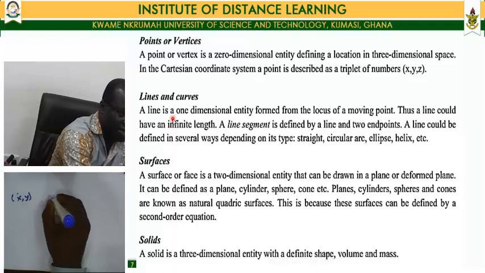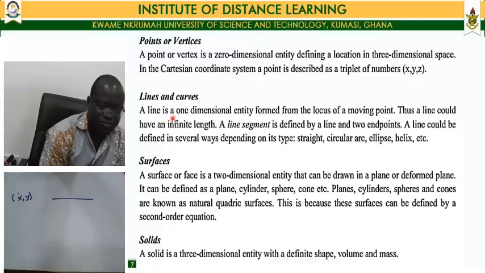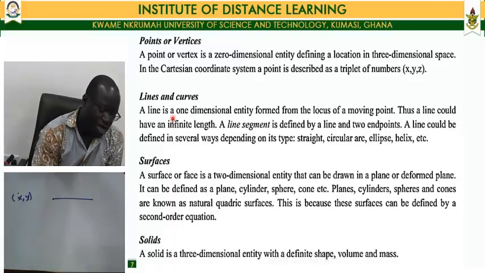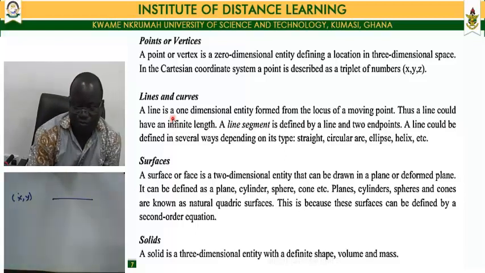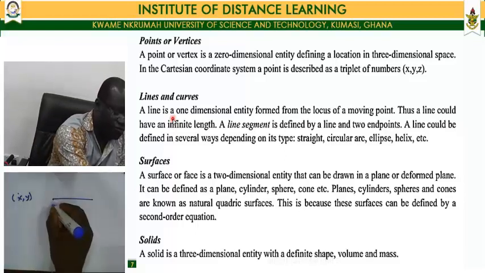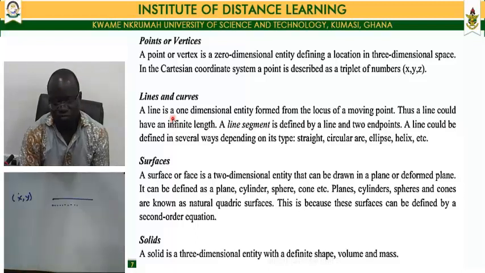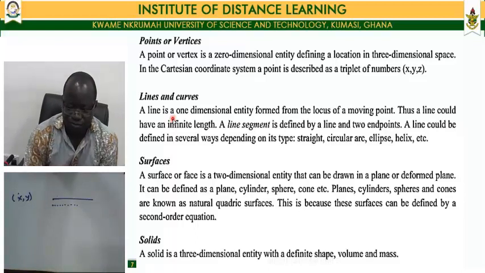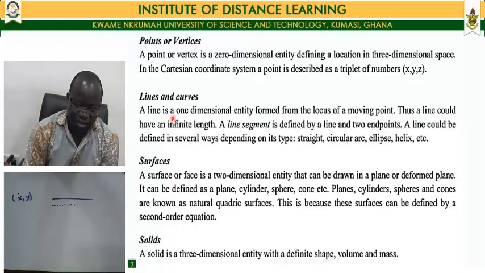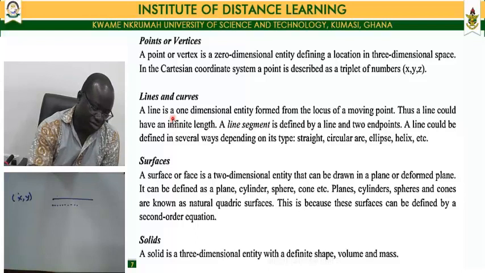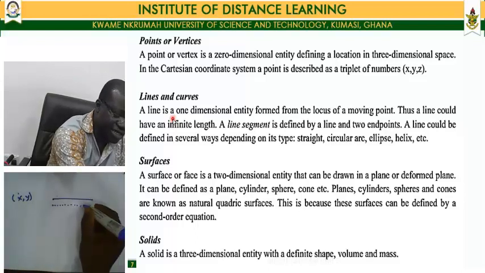A line can simply be described as a one-dimensional entity, and a line is formed from a locus of moving points. A line could have an infinite length.